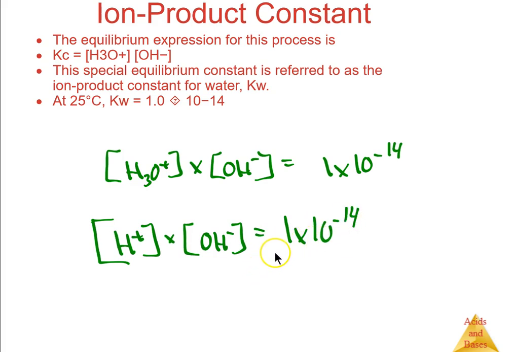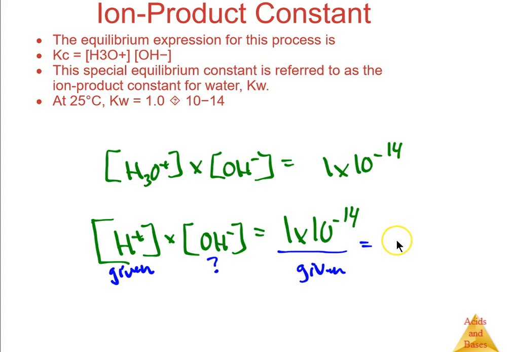Now we're going to have to use this. This is given to you on the AP test, so it's not one you have to memorize, even though it's kind of easy. You're going to use this because sometimes you'll be given this and you'll be asked for that. And that's pretty easy. You always take 1 times 10 to the negative 14 and you divide it by the given.